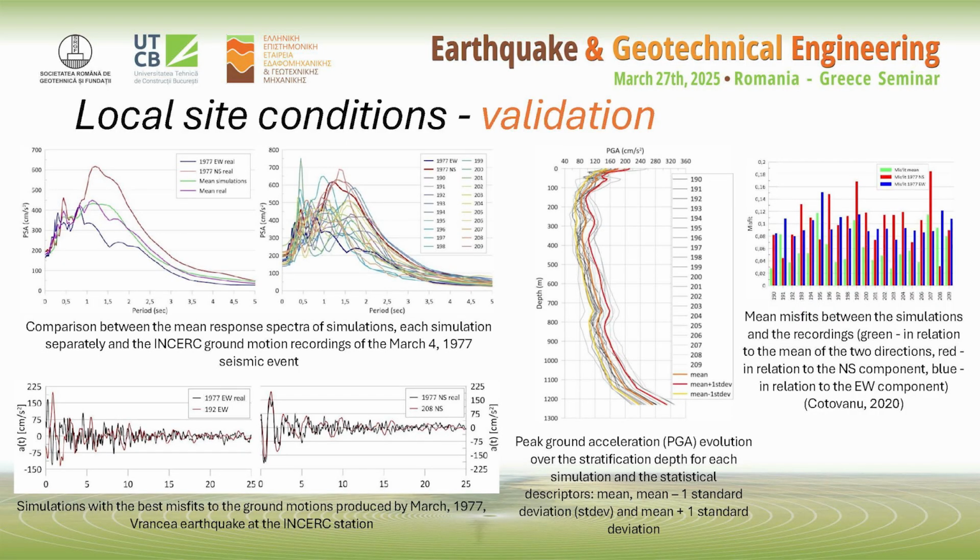Okay, so the validation was performed for the 1977 earthquake, the 7.4 magnitude earthquake. And as we can see here, the results are very good, mostly when compared to the mean, but are also good when compared to each component in part.